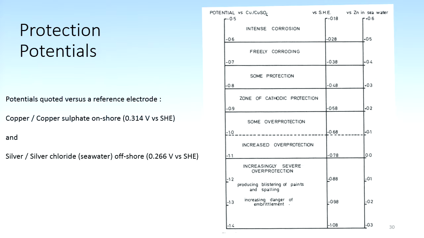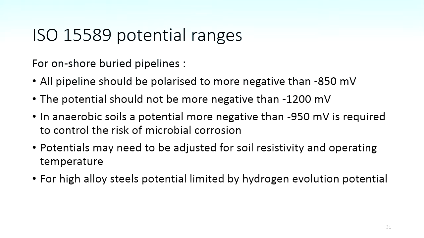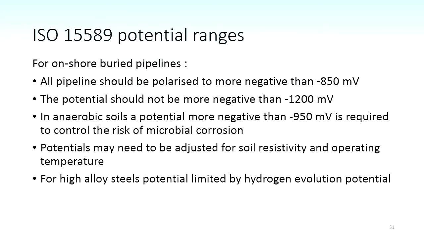So for onshore pipe, the ISO standard, which came out in 2003, says that the pipe should be more negative than minus 850 millivolts and less negative than minus 1200 millivolts. And those values are versus the copper sulfate. So it should be minus 850 millivolts and minus 1200 millivolts. It should lie between those two.